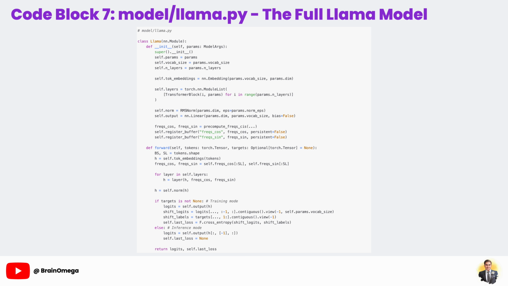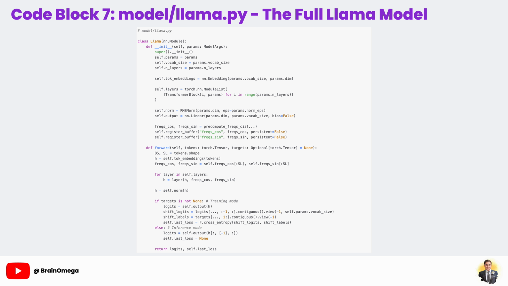We've built all the components and now it's time for the final assembly in our Llama class. In the init method, we put all the pieces together. We create our token embeddings layer, which will map our input token IDs to dense vectors. We then create our stack of transformer blocks, using a module list to hold all n layers of them. After the blocks, we have our final norm layer and the output linear layer that will produce our final vocabulary scores, or logits.